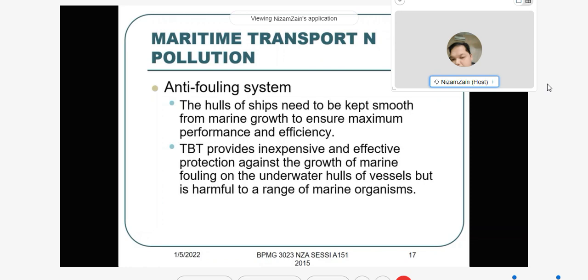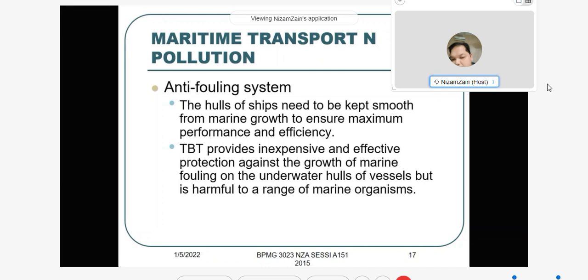Now there are many technologies and many chemicals used to clear up the fouling. One of the chemicals they use is TBT. TBT is popular because it's inexpensive and effective protection against the growth of marine fouling on the underwater hulls of vessels, but it is harmful to a range of marine organisms.